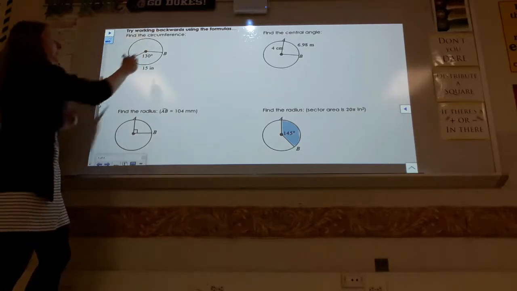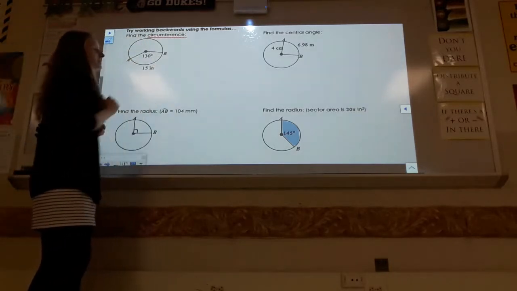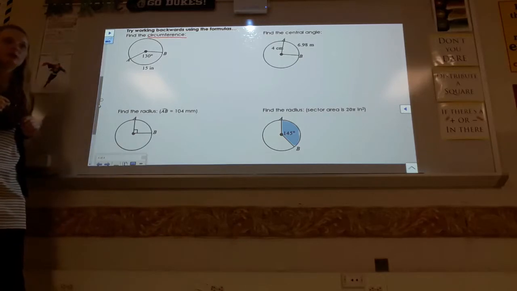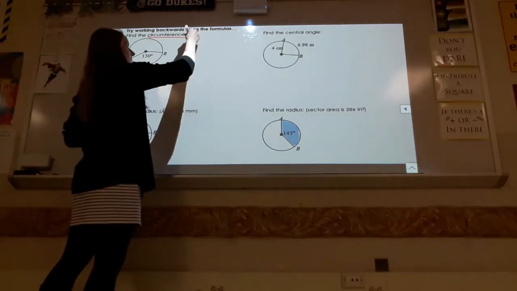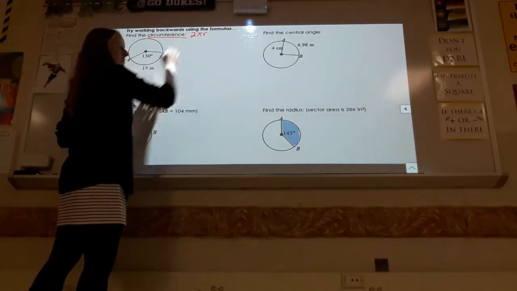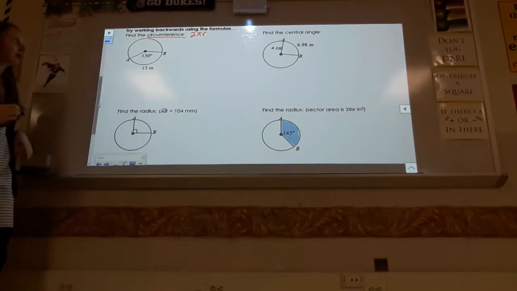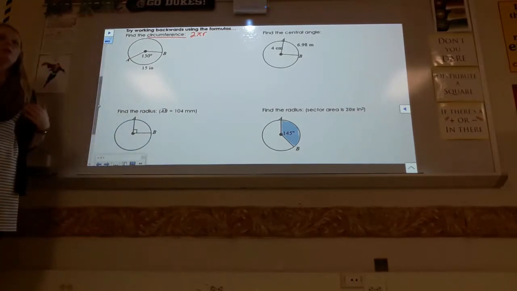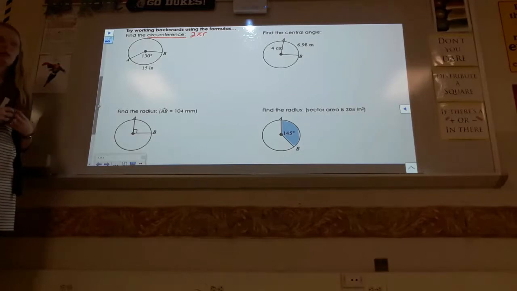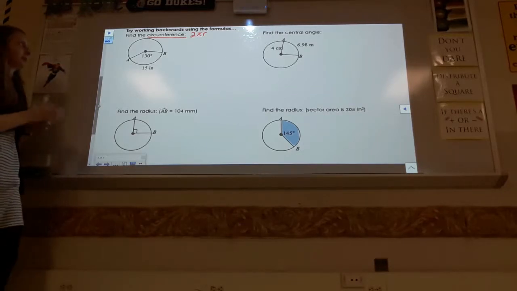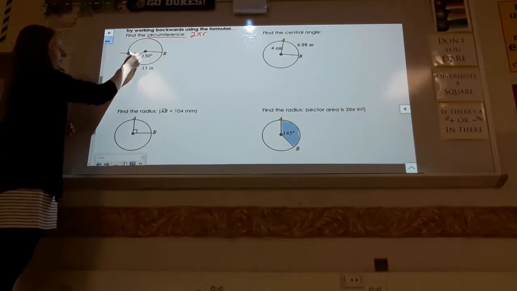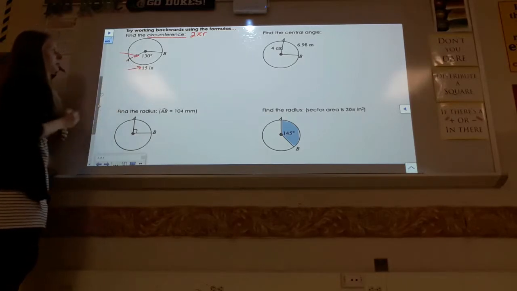So this one says, find the circumference. That's what we're looking for. Circumference is the same thing as 2 pi r. I'm just going to write that down and save it for later. Now what we need to do is figure out, what do I know? What did they give me in this question? I'm going to draw little arrows, and you guys are going to tell me what it is. So what is the 130?